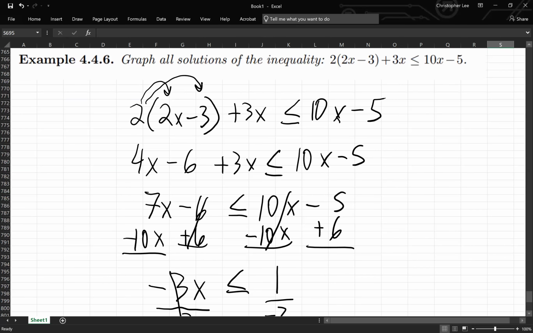Scroll up. Right here. Yeah. You did the other way. You put on the other side. That's fine. As long as we get the same answer, we good. Yeah, I got you.